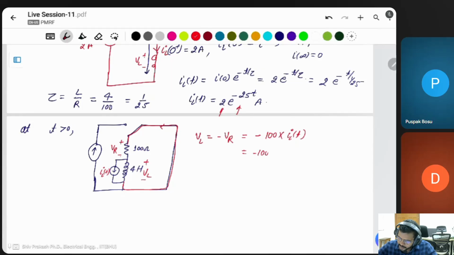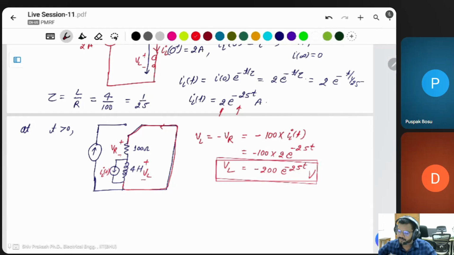So VL is minus of the 100 ohm resistor times 2 e to the power of minus 25t, which is minus 200 e to the power of minus 25t volt. This is the inductor voltage after t equal to 0. The inductor current is 2 e to the power of minus 25t.